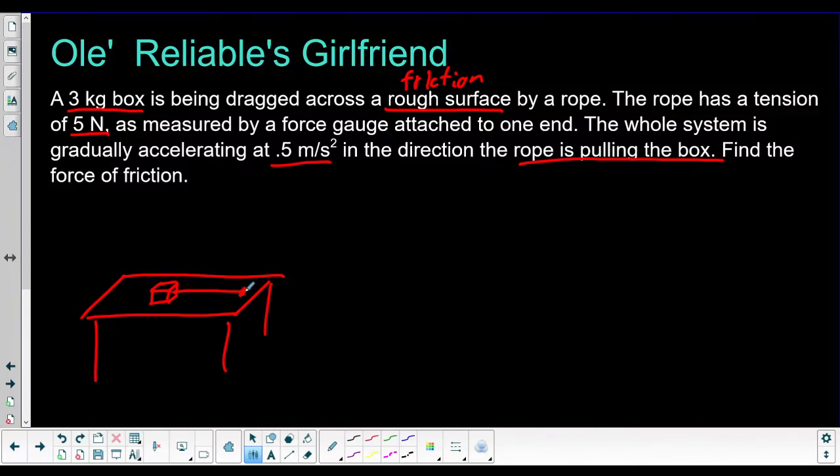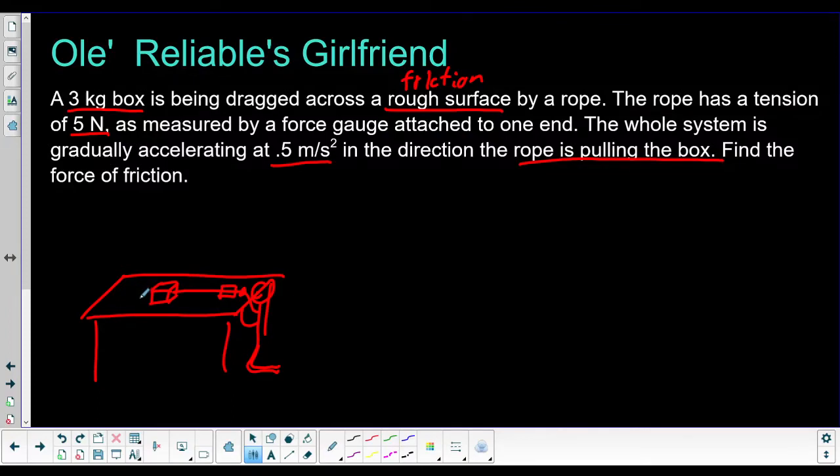There's your grubby mitt. So you're pulling on this thing, having a great time. Too bad you can't see because your head's transparent. But you're pulling on this rope, and you've got a little force gauge here. That thing's going to tell you how hard you're pulling on the rope, and it tells you 5 newtons.